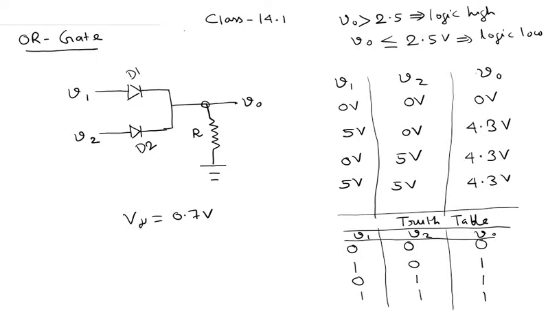Similarly, let us consider another circuit. We have this diode here, D1. Here we have applied the voltage V1. We have another diode here, D2. Here again we have applied this voltage V2.